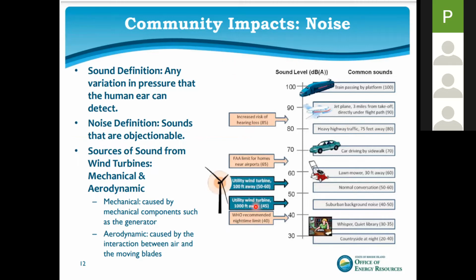If you look at the numbers here, 1,000 feet, this is obviously an American document, 1,000 feet is about 300 meters. So that would be the typical distance between a turbine closest to the boundary of a wind farm and the boundary of the wind farm.